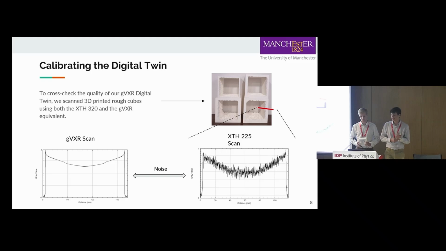We see that the behavior of the photons in the simulation is really similar to that in the real scan. We see the coupling artifact, although there is a huge difference in the noise levels. This is sensible because in our simulations we did not include any electronics noise, so our simulations are a bit too good to be true.